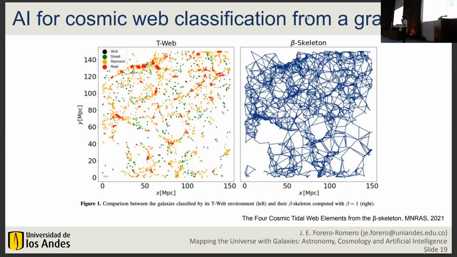Then what we try to say is forget it, let's just use the data as we have it in 3D, and instead use a different data structure that is a graph. Now we have a graph, and from the graph, we train it to predict the cosmic web as defined by other algorithms. But as we will show you later, basically, we could do it only with the graph. It will be really enough.